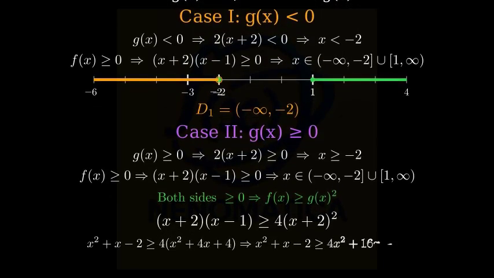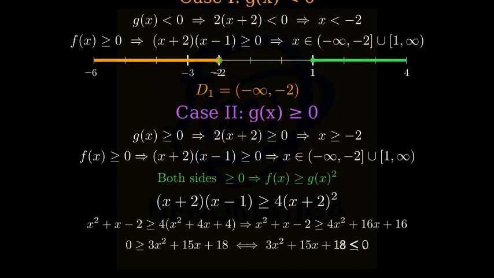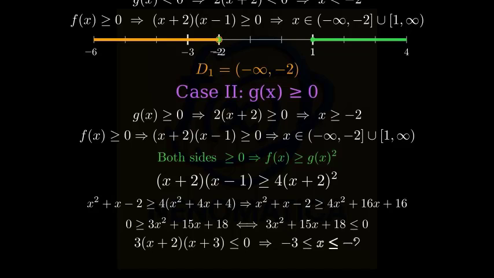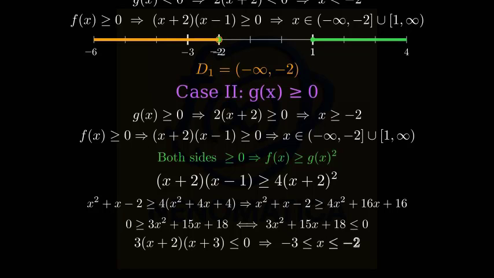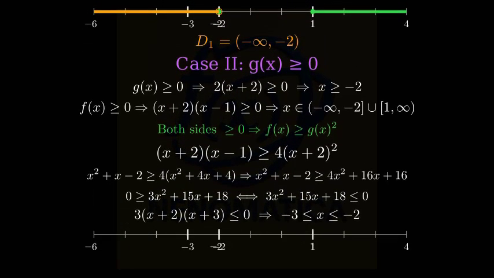Expanding and simplifying yields 3x² + 15x + 18 ≤ 0, which factors as 3(x + 2)(x + 3) ≤ 0. Therefore, x lies between negative 3 and negative 2 inclusive. Intersecting with the earlier conditions gives just the single point x = -2. We call this set D sub 2.